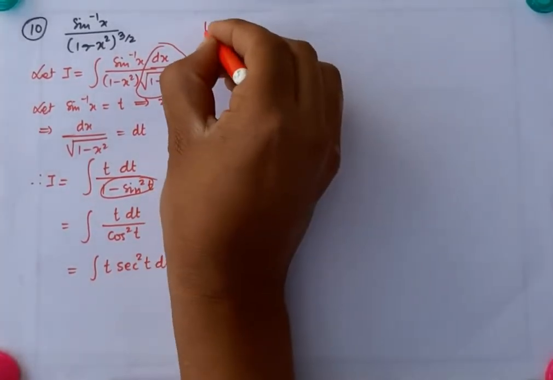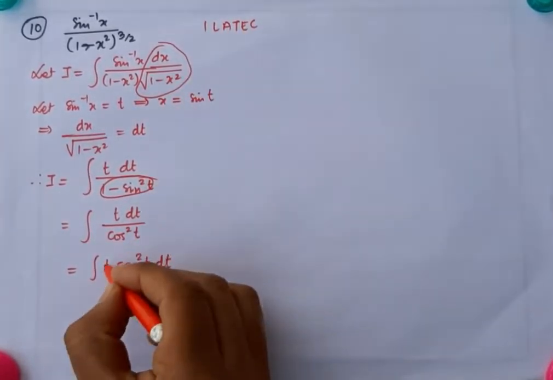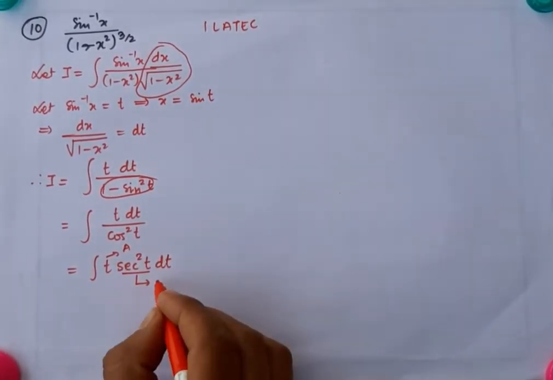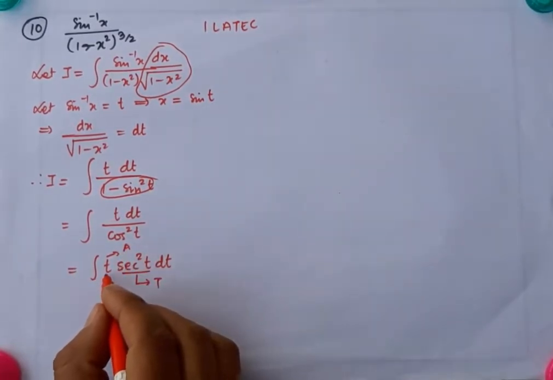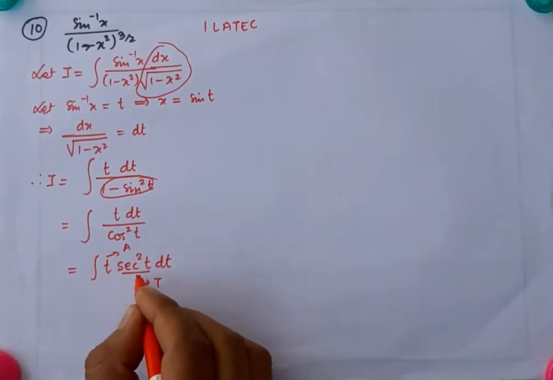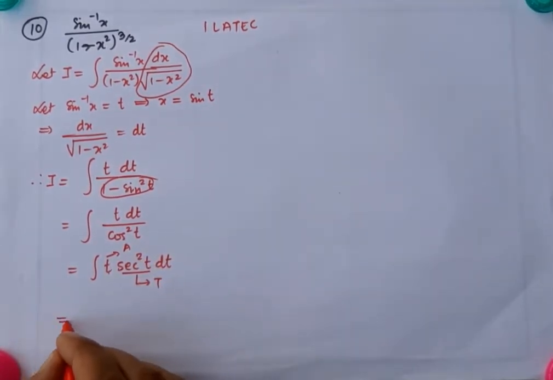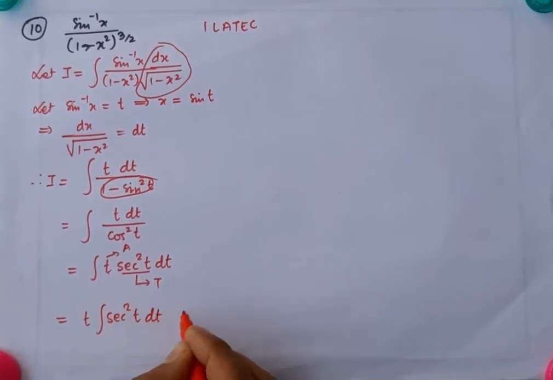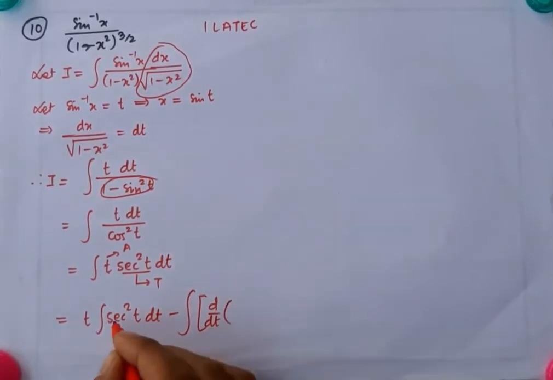Now as per this rule, t is a, and this is my trigonometric function. Now which one is coming first? A is coming first, so that's why we have to differentiate t, that is this becomes f1, and we have to integrate sec square t, that is my f2. So in that case this becomes t integral sec square t dt minus derivative, that is d by dt of t.